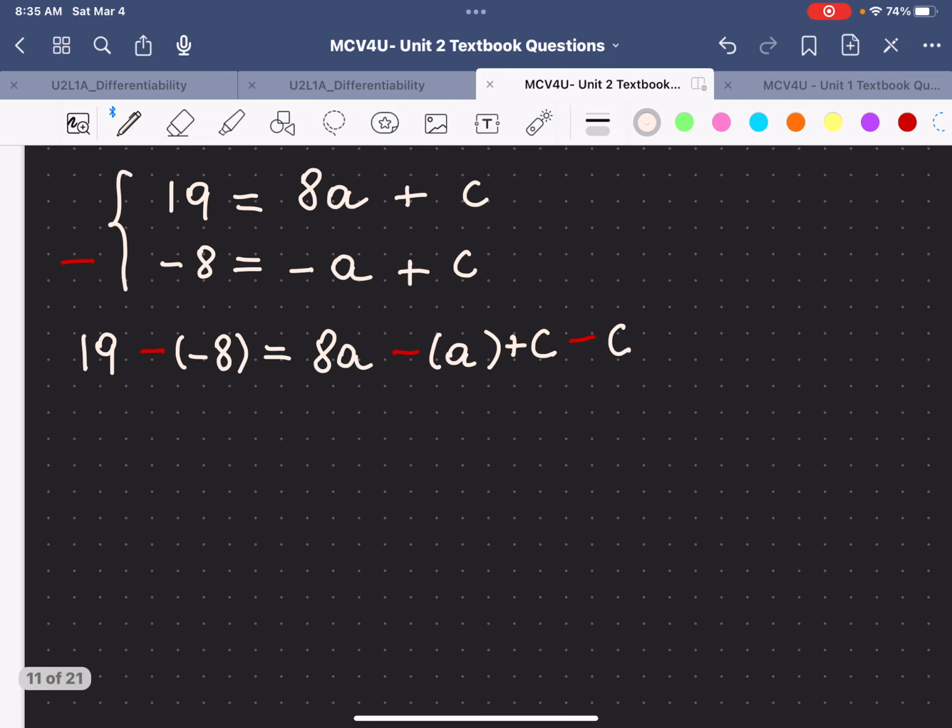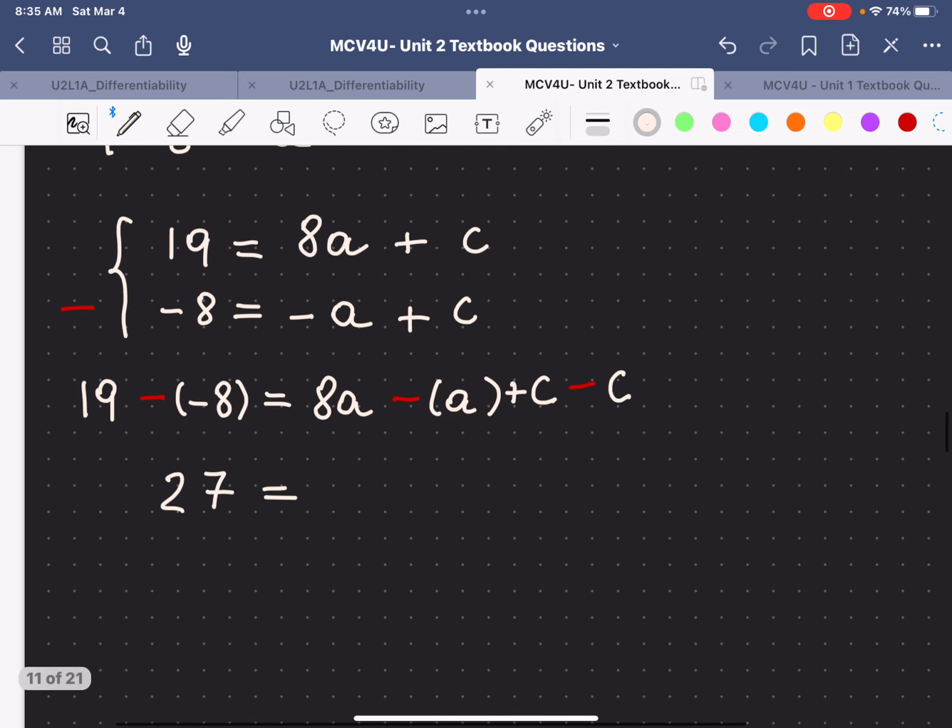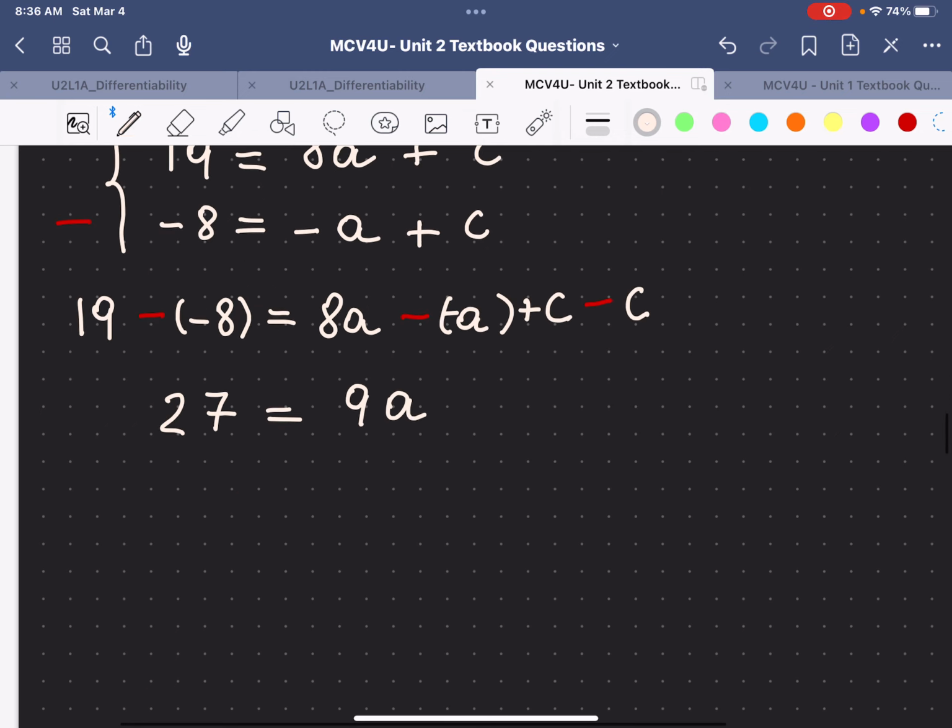So 19 minus negative 8 equals positive 27. 8a minus negative a, sorry, there is a negative here, so that would be 8a plus 1a, that's 9a, and then c minus c is 0. So we have the value of a equal to 27 over 9, or a equals 3.